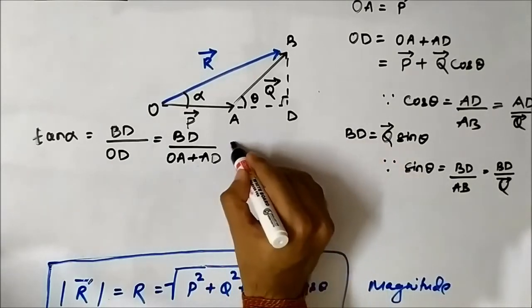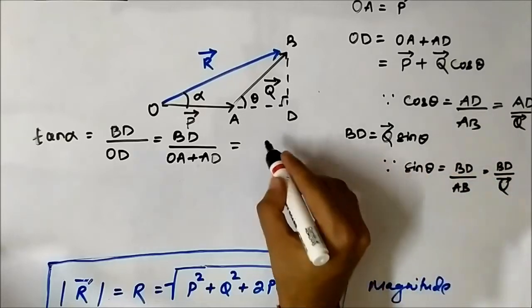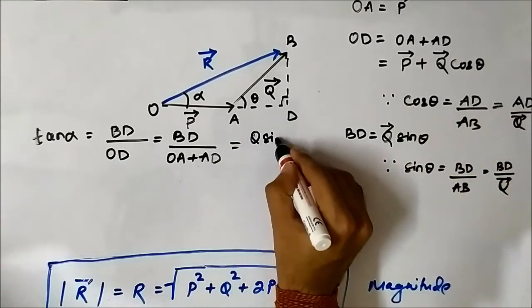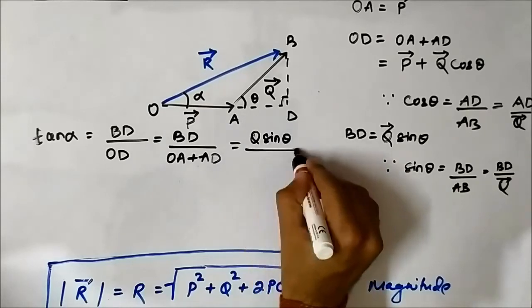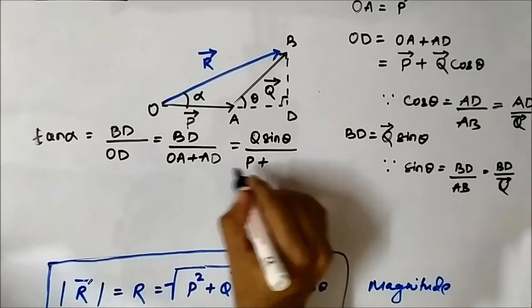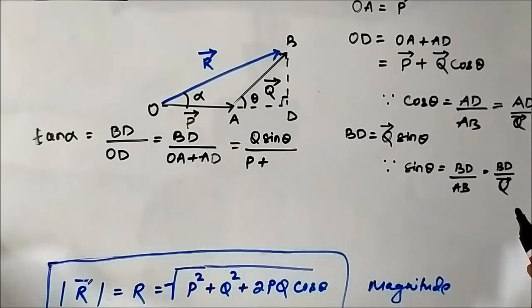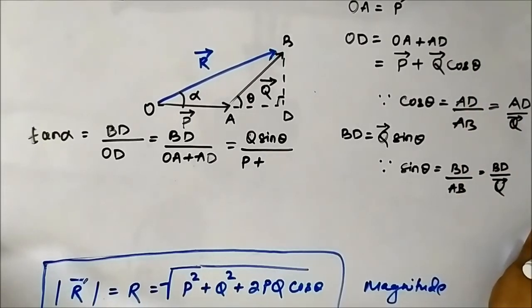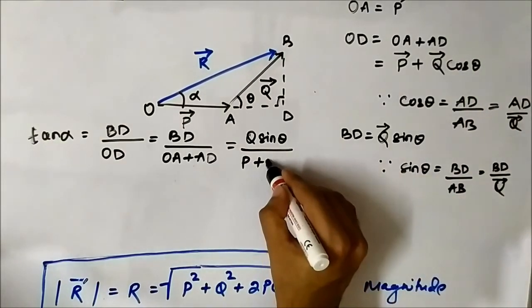BD we have already calculated as Q sin theta, and OA is P plus AD, which is Q cos theta.